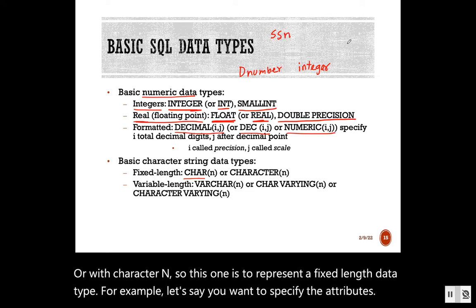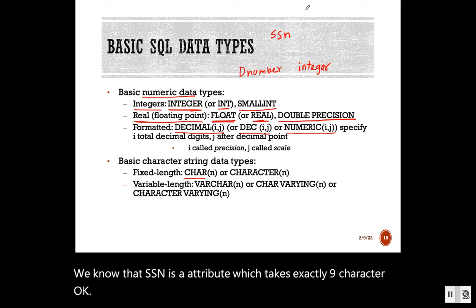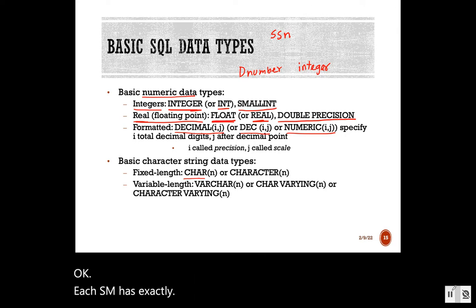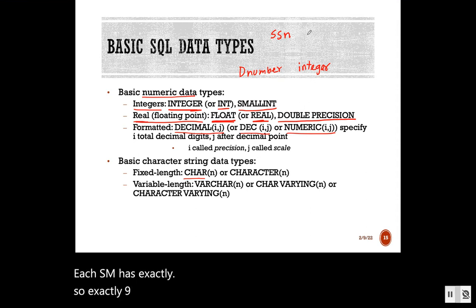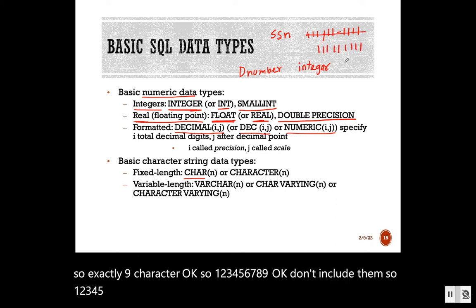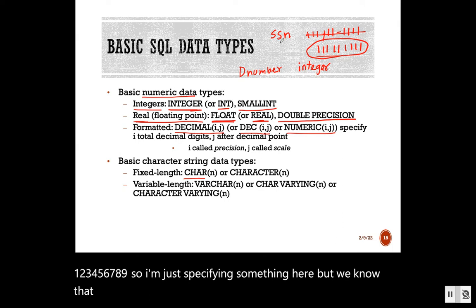We know that SSN is an attribute which takes exactly 9 characters, like 1 2 3 4 5 6 7 8 9. I'm just specifying something here, but we know that SSN is going to be exactly 9 characters.